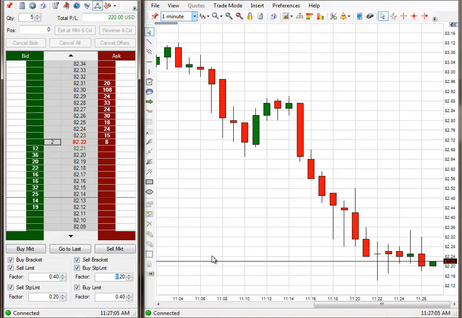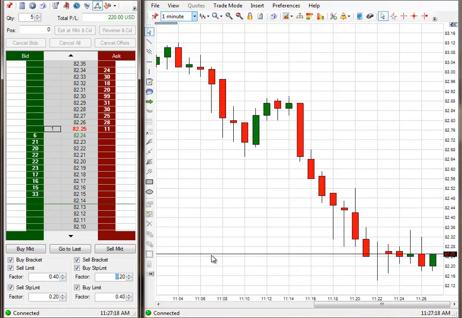Okay, that changes our exits to 40. Now if it goes the other way, I'll adjust that back to 20 manually once I get in. But if it goes short, I'm going to hold the 40 because it should be able to make it no problem. My only concern would be whether or not I could get a good entry on it.